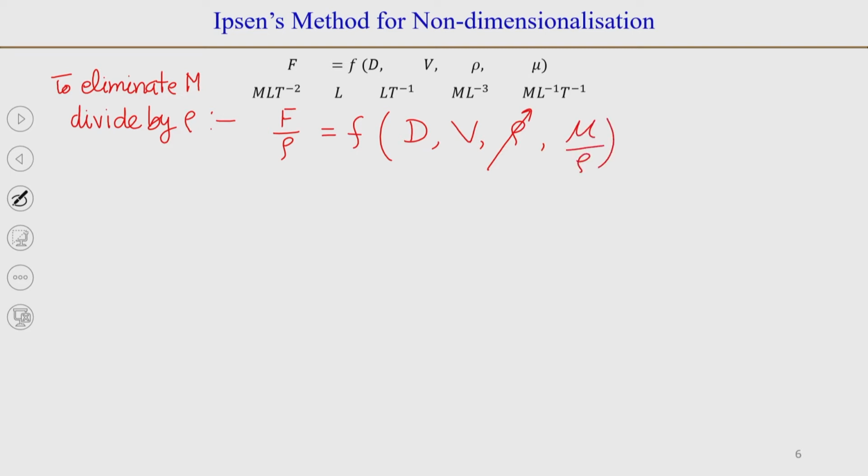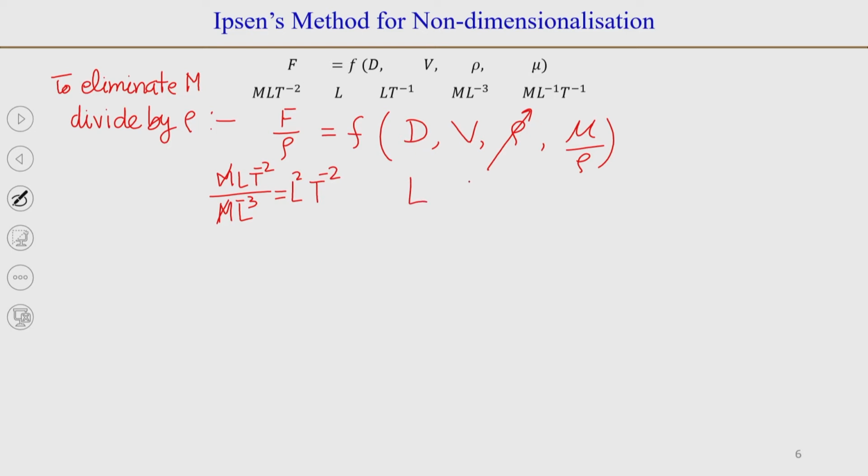And let us write down the dimensions again. So, F will have dimension now M L T raised to the power minus 2 divided by rho, which is M L raised to the power minus 3, and M and M cancel out. So, what you have is L raised to the power 2 T raised to the power minus 2.